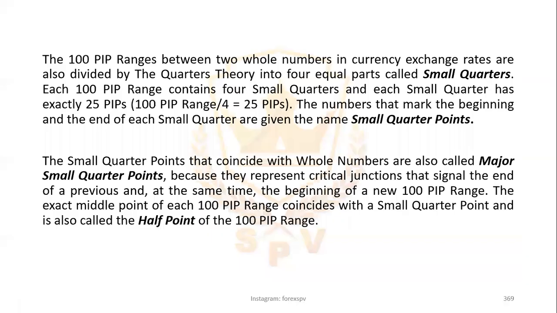Quota theory further divides the 100 pip range into 4, and each would contain 25 pips, and we call them small quarters. The numbers that mark the end and the beginning of each small quarter are named small quarter points, and the ones that coincide with the whole numbers are called major small quarter points.